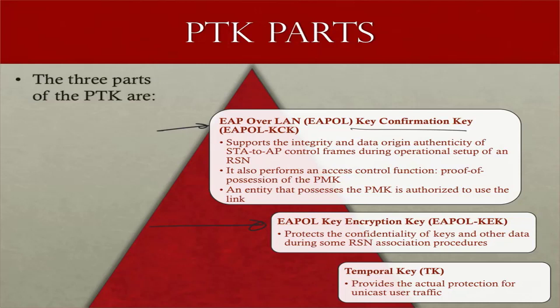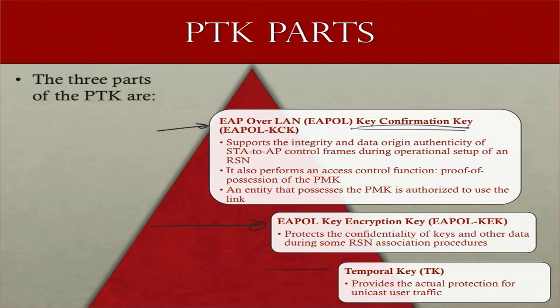And then the key encryption key is the key used to communicate other keys to the station, and we'll talk about when we need this. In other words, those two are not used for data encryption. They're used for very specific purposes, which we will talk about.